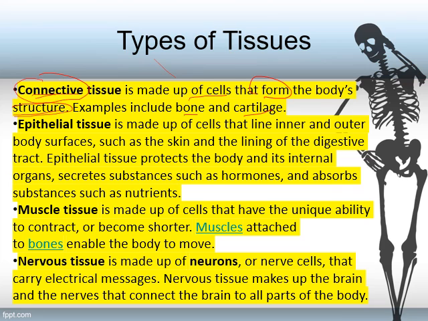You're already familiar with the bones as well as the cartilage, so they are connected to each other, but there is just one bone in the body that is not connected to other bones. Lahat ng bones sa katawan natin, they are all interconnected except for that one bone. And do you know what that bone is?